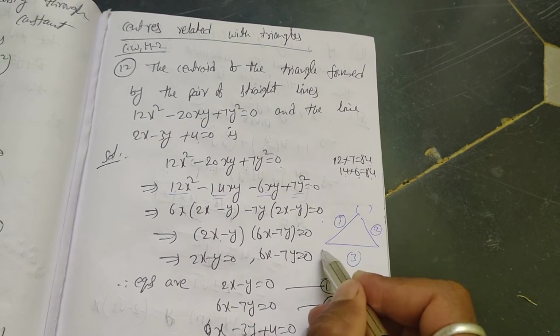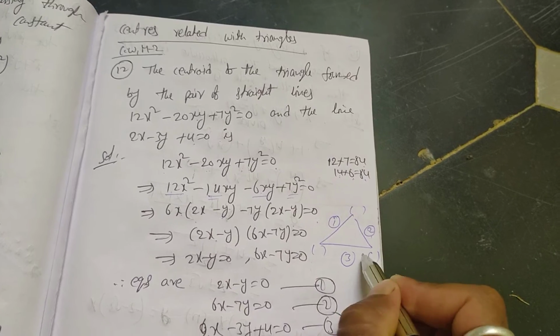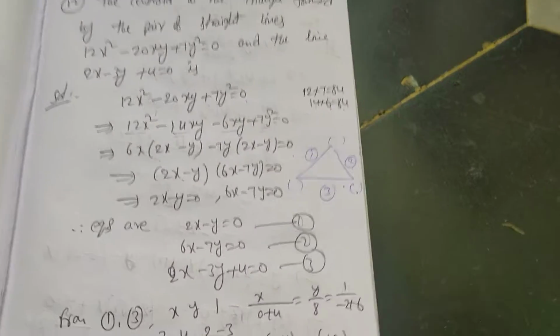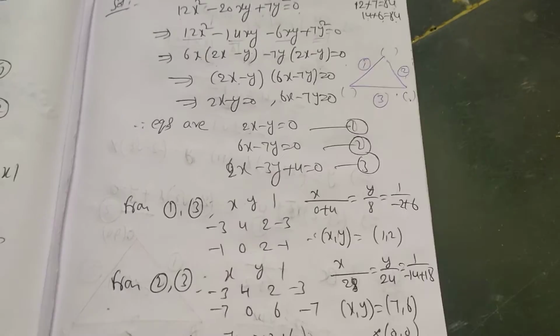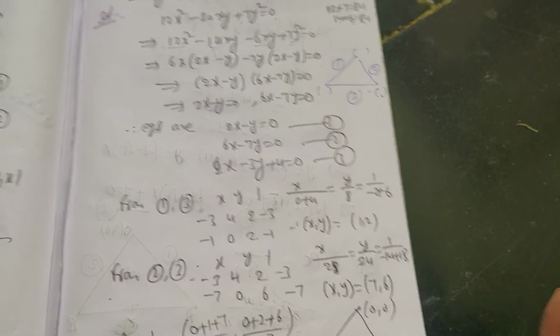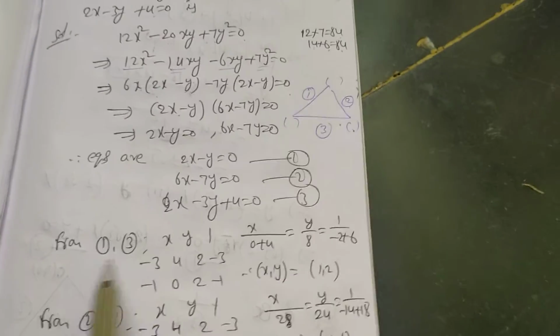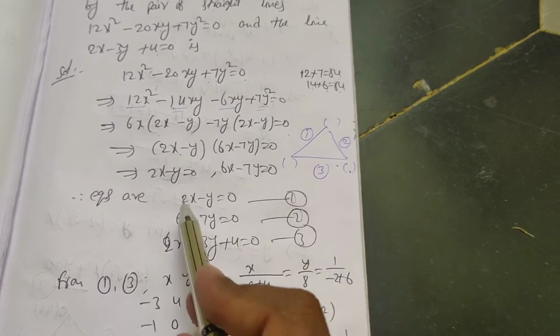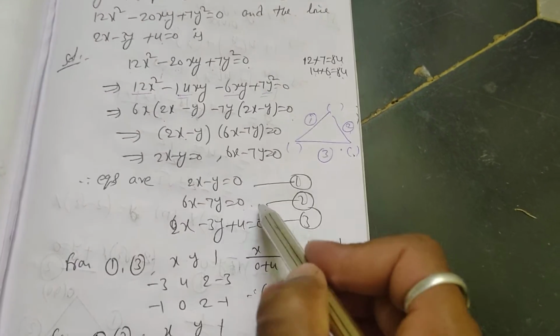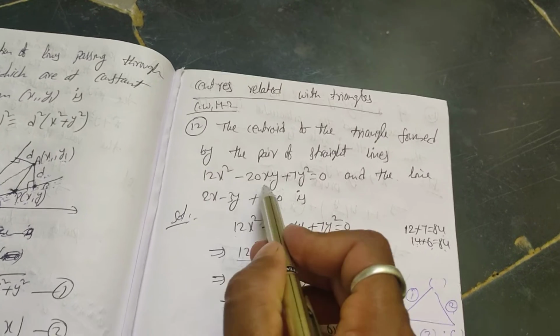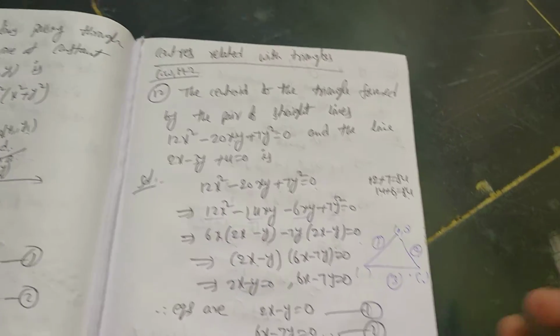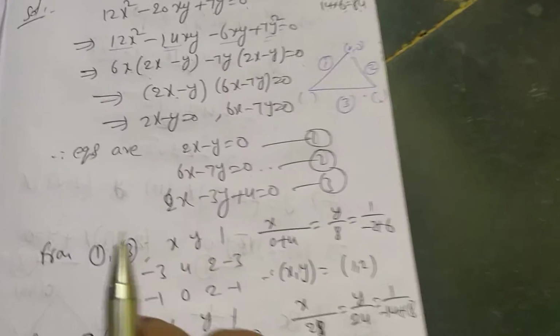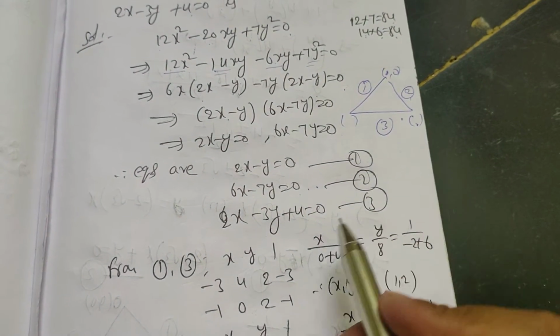If you solve these, you get the points, using any method: cross multiplication, elimination, any method. I am using cross multiplication for 1 and 3. There is no need to solve 1 and 2, because the representation of this line is always passing through the origin, so that point is 0 comma 0. By solving 1 and 3, what do you get?